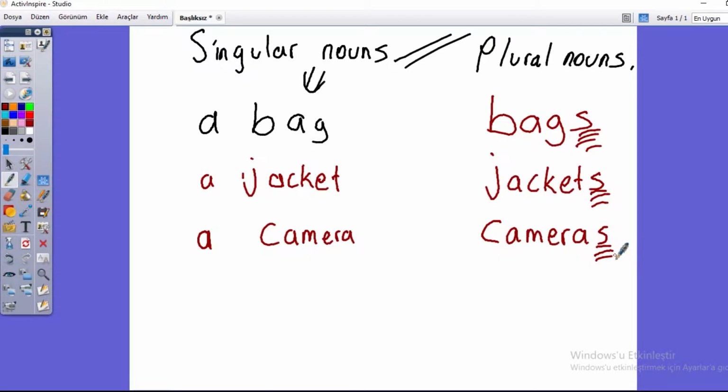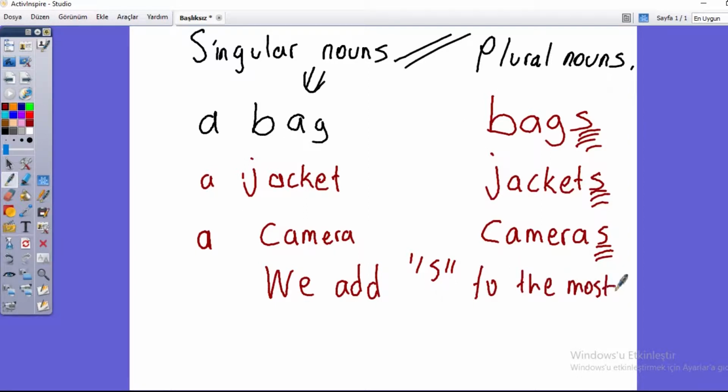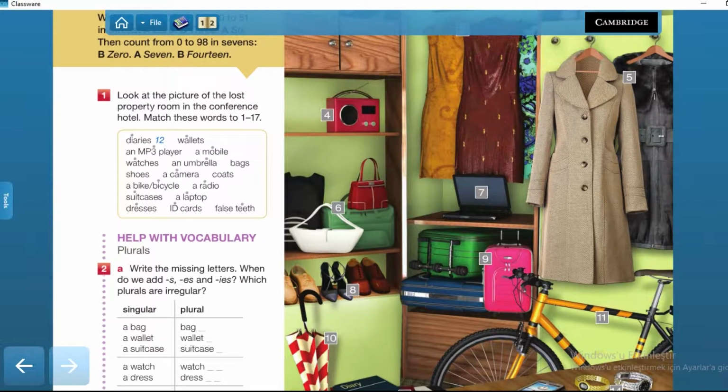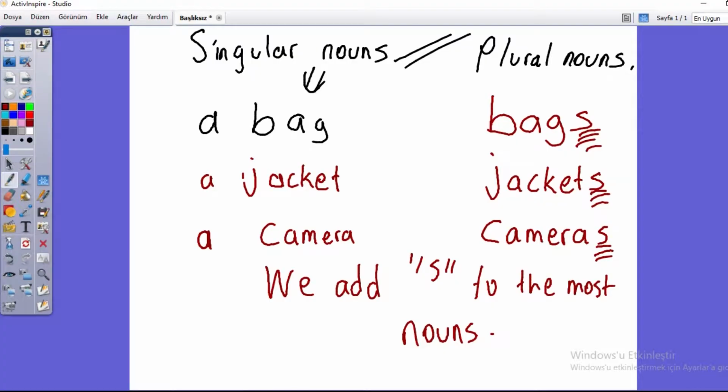We add s to most nouns. Let's write it on the board. We add s to most nouns. The second rule is es.